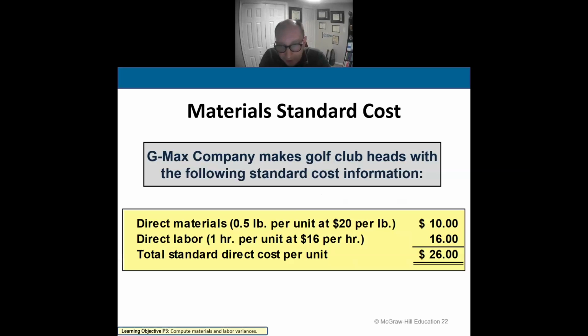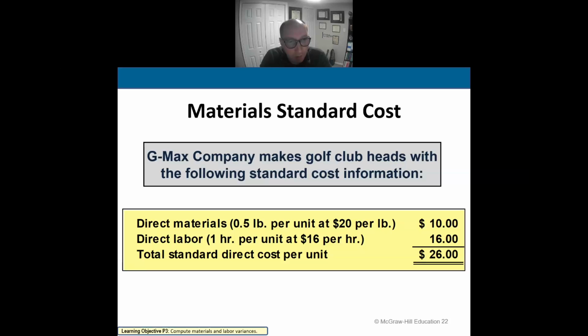We have some information for our example. Now we're a company, we make golf club heads. It's the big part of the golf club they use to hit the ball, right? So here's how it works. We take some metal, we make a golf club head.